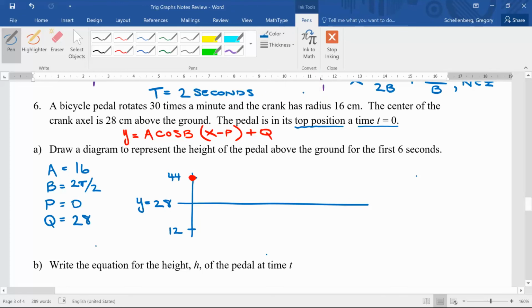Okay, now we want to graph 6 seconds of this. The period is 2 seconds. So I'm just going to do this. I'll call this 2 seconds. I will call this 4 seconds. And I will call this 6 seconds. And let's break each of those up into 4 equal parts.